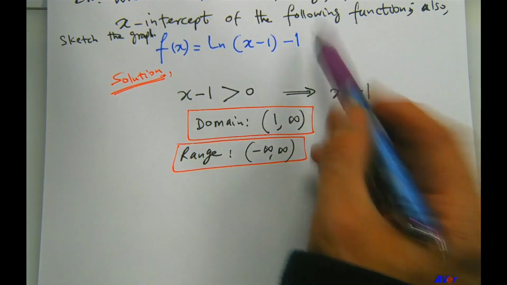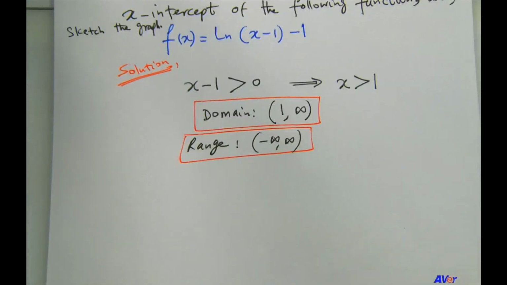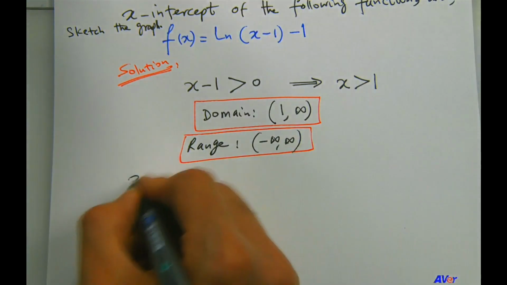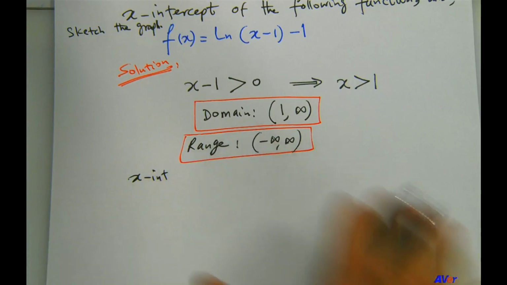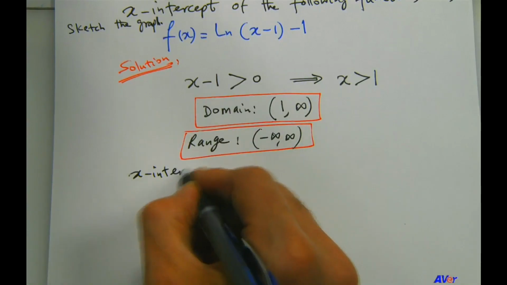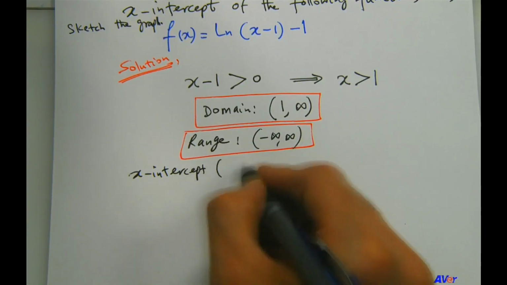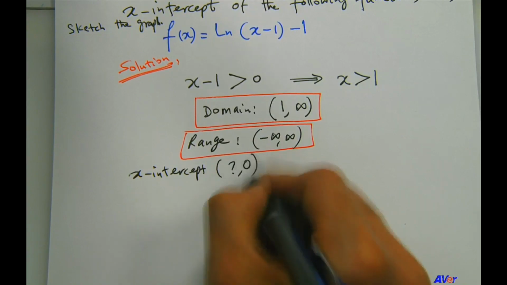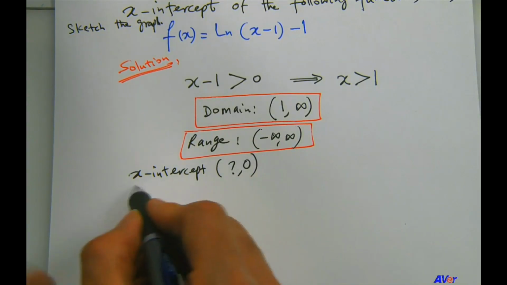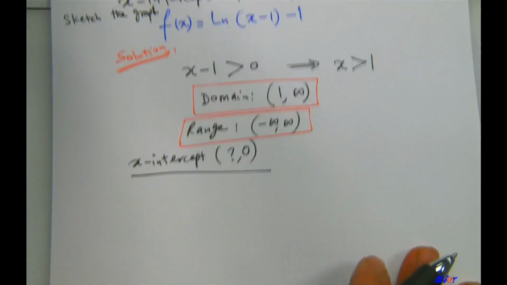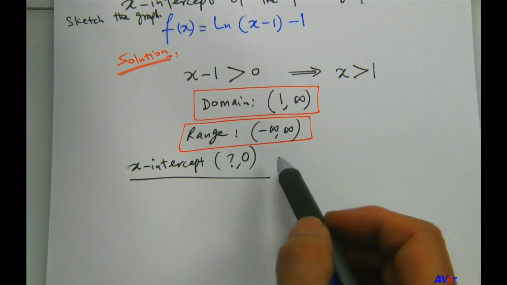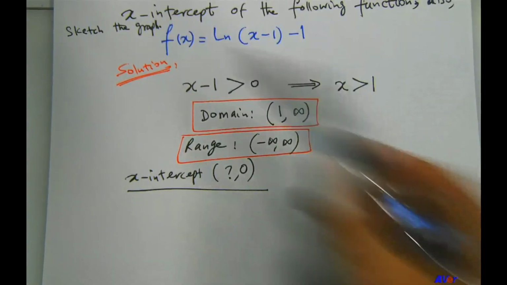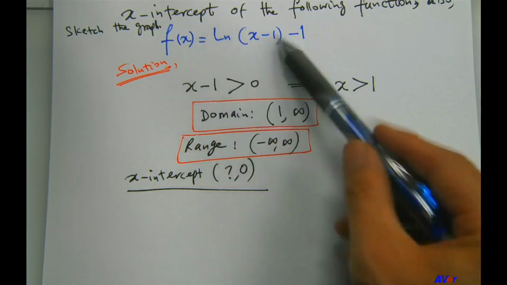Then we're asked to find the x-intercept. Well, let's find that. The x-intercept happens when the y value is equal to 0 and we look for the x value. So let's substitute 0 for f of x and find the x value.